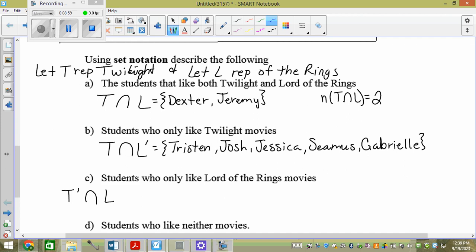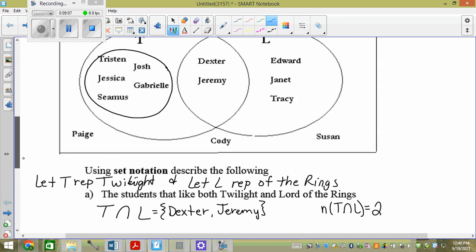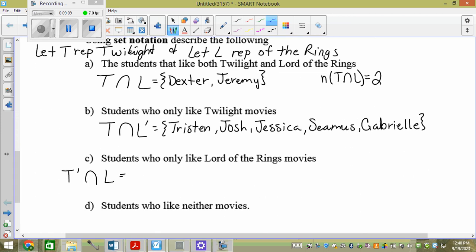The order doesn't matter with the letters. It just matters that the T has to be negated and the L is good. So I want L only, which is Edward, Janet, and Tracy.